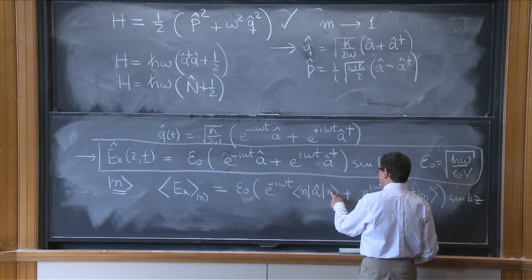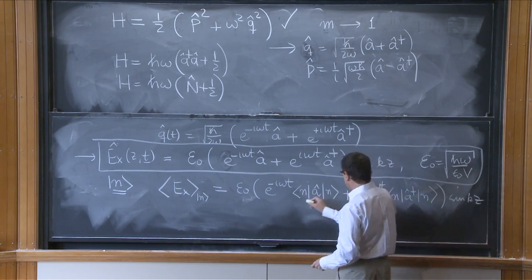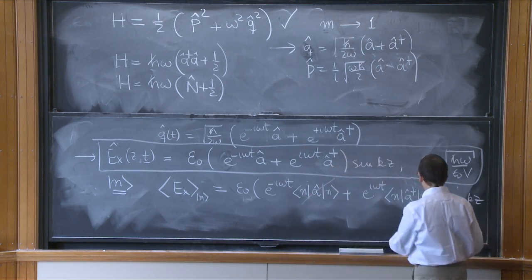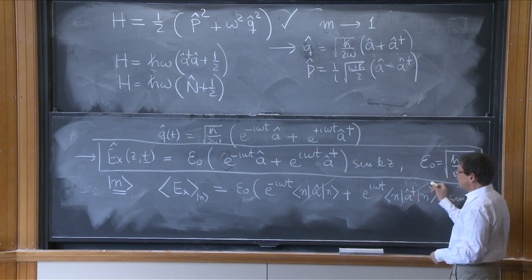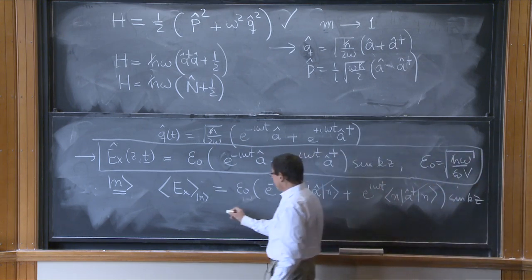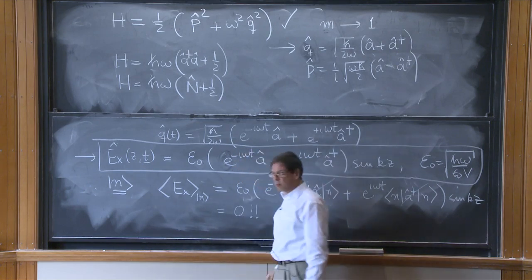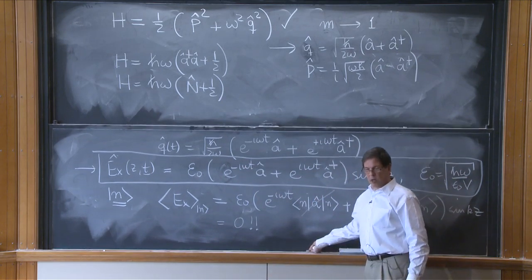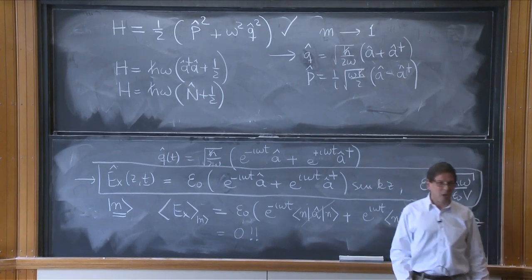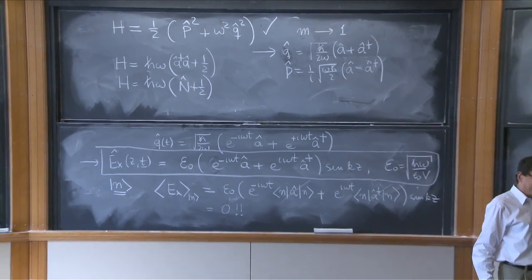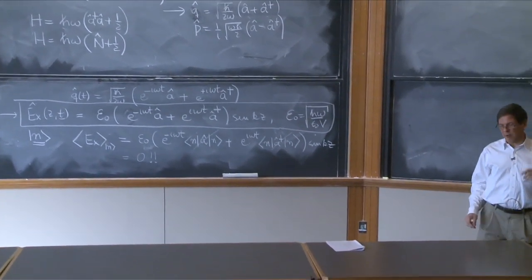This makes n minus 1 orthogonal to n, so this is 0, and this is n plus 1, and this is 0. So actually, no great illumination has happened. We got 0. So actually, this is not too strange.